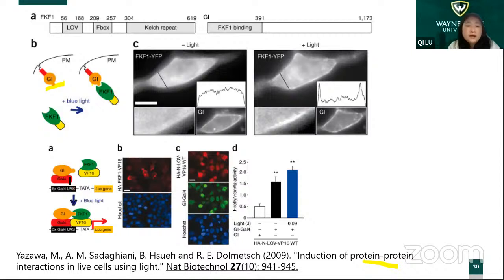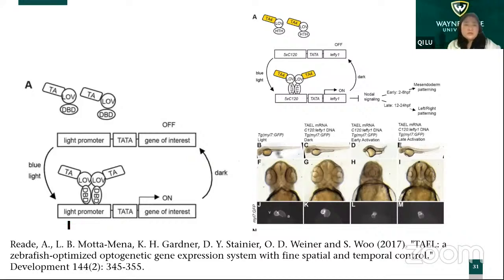After shedding the blue light, GI and FKF1 bind together and cause VP16 to interact with GAL4 and start gene expression. This system is also applied in zebrafish. After shedding the light, the LOV domain forms a dimer and causes these two to bind together, and then this can start the gene transcription.